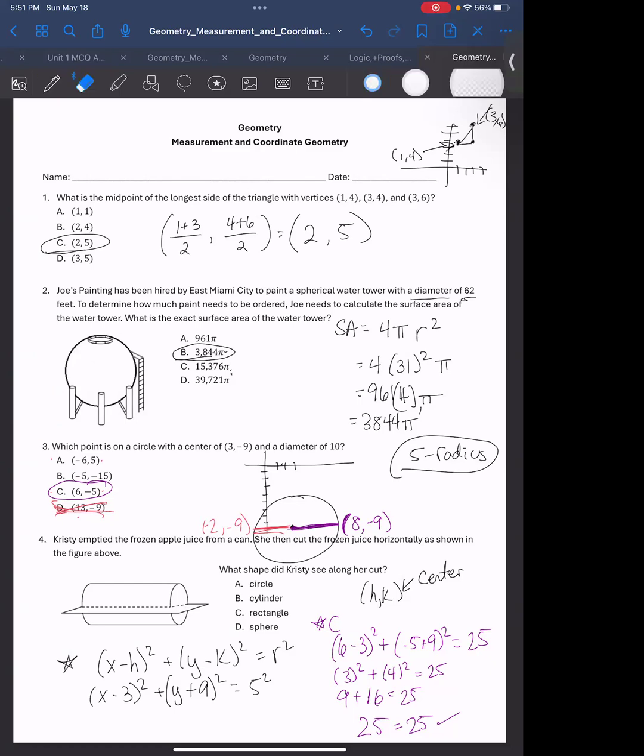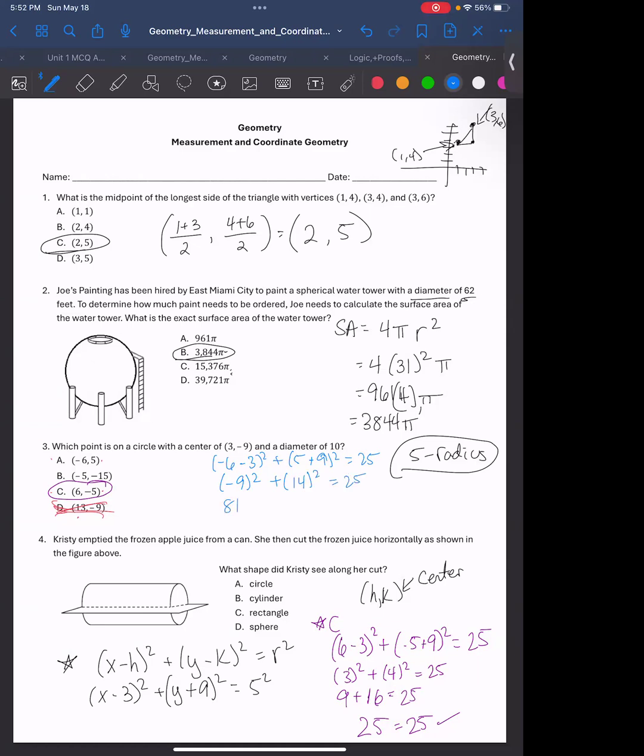So I'm going to do it now with A, and we're going to see what happens. I'm going to do this really quickly. We have -6 minus 3 squared plus 5 plus 9 squared equals 25. Well, that's going to be -9 squared plus 14 squared equals 25.